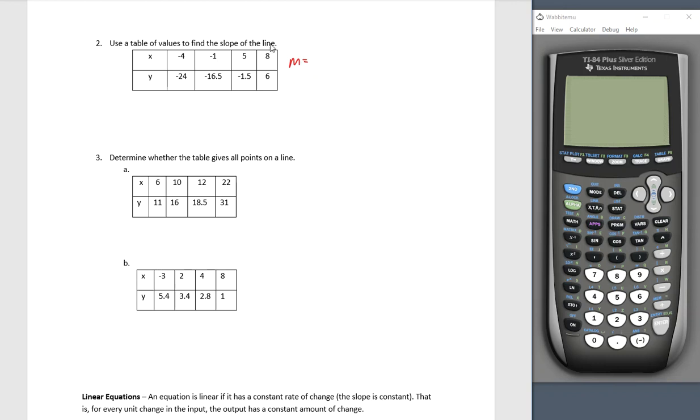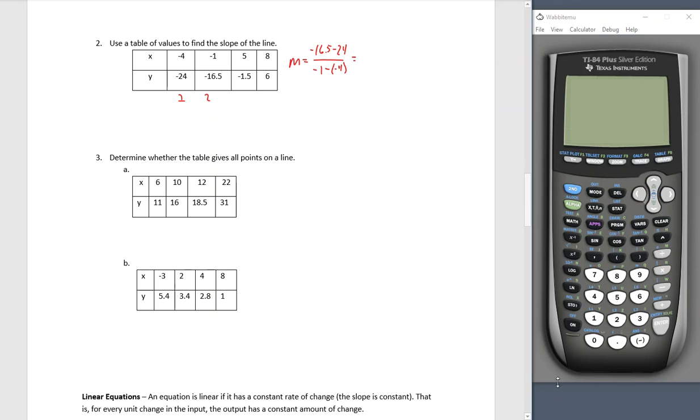This tells me it's a line, so I'm going to assume it's correctly aligned, but let's see. Let's use point 1 and point 2. So I'm going to subtract the y values, y2 minus y1 all over x2 minus x1.